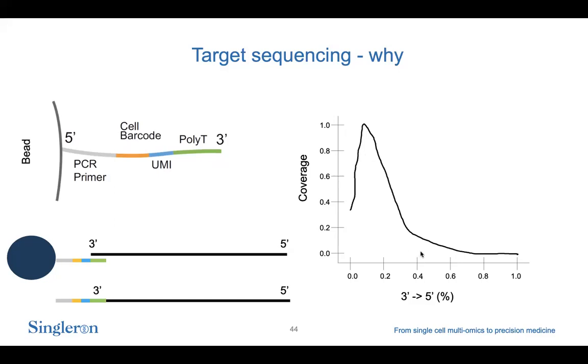But the problem comes if you are interested, for instance, in a mutation that is further away from the 3' end. So if your mutation of interest lies closer to the 5' end of the gene, and you still want to have it sequenced because it's important for your research, it becomes tricky. And this is why we offer target sequencing with beads which have been specialized to the research question of your choice.